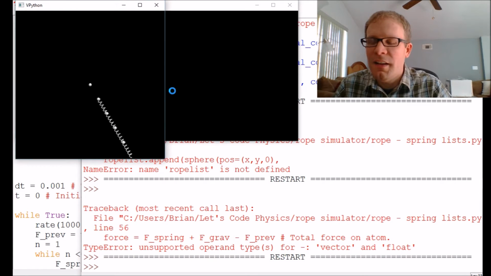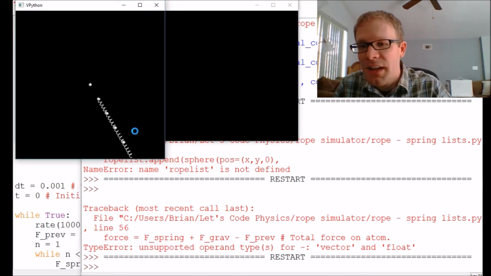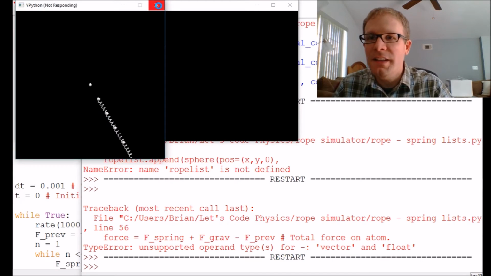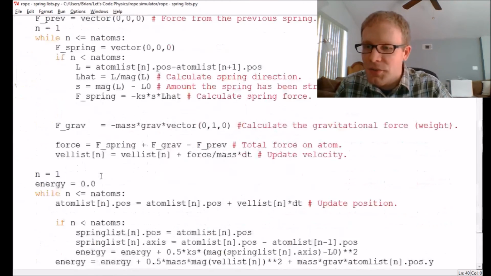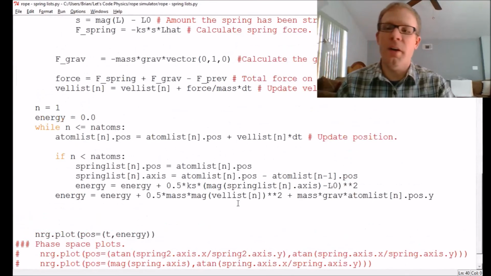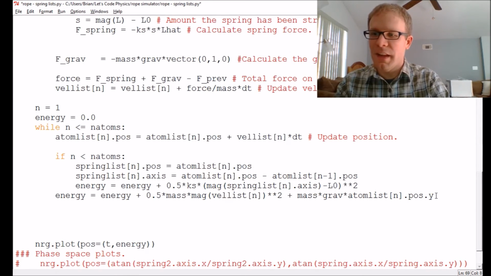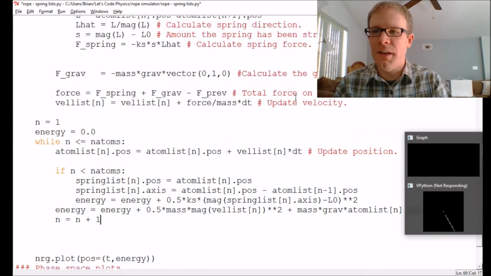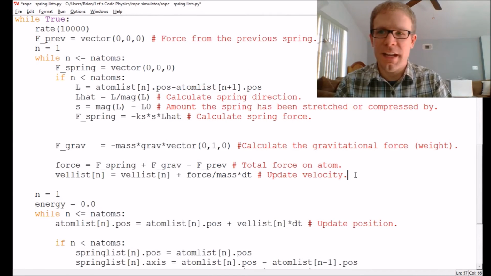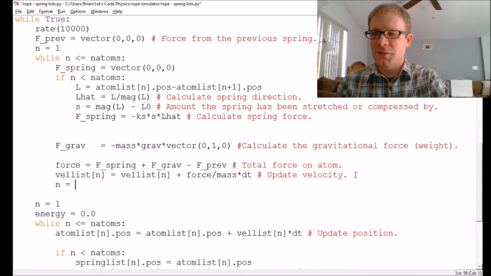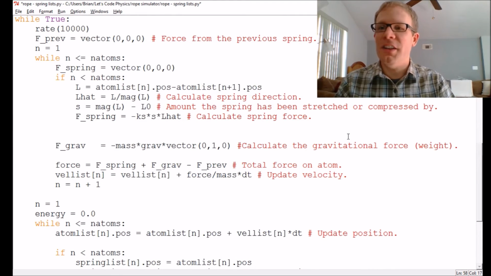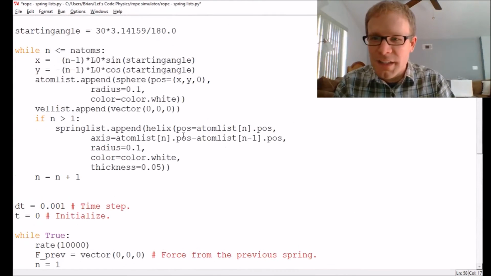Okay. I have messed up something because it's not moving, but I've also set these incorrectly. So let's fix the springs first. Not sure why the thing... Oh, it's probably stuck here because I need an n equals n plus 1. I remembered it, didn't I? Yeah, n equals n plus 1. And I think I need one up here probably. Yes, I do. N equals n plus 1. And let's go ahead and change those springs.